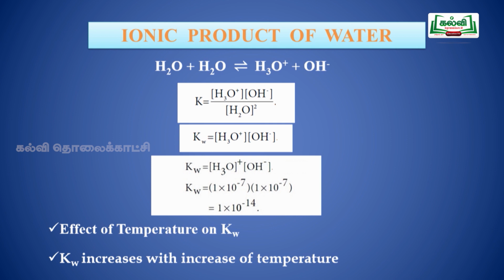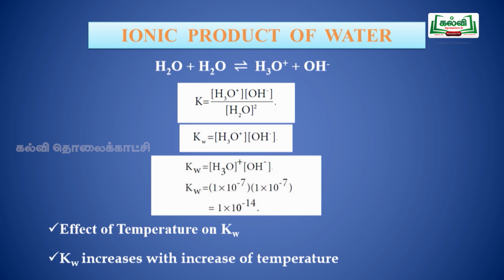It produces H plus ions and OH minus ions. Now, you take two molecules of water, it is in equilibrium with these ions, that is hydronium ion H3O plus and hydroxide ion OH minus. Now, the neutral molecule in equilibrium with ions is nothing but ionic equilibrium.